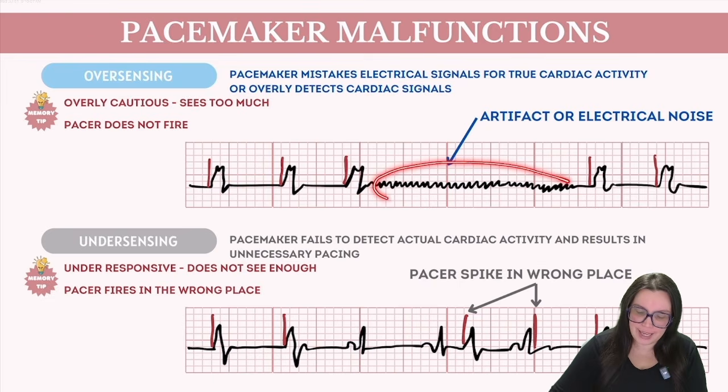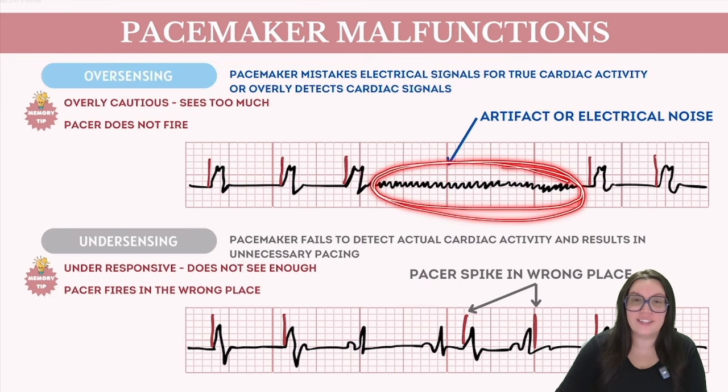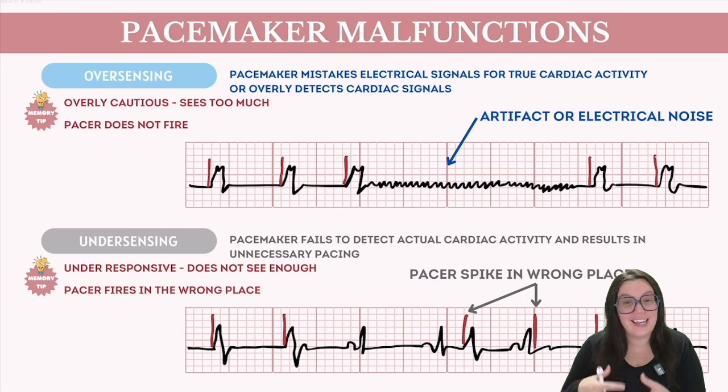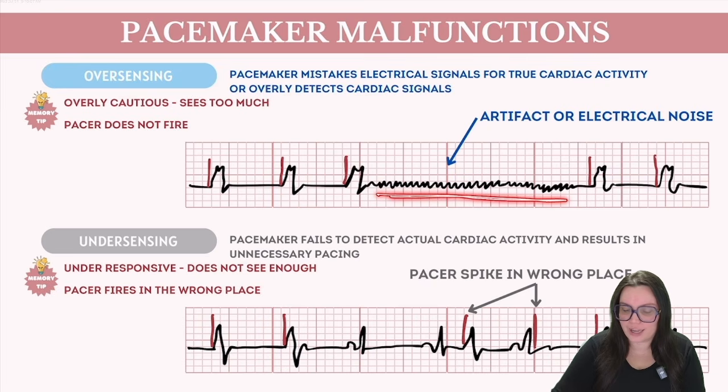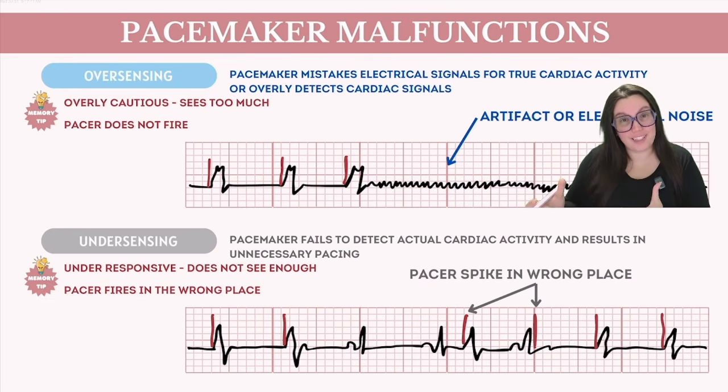So as you can see here, we have this artifact or all of this electrical noise that's taking place. It could be due to muscular activity or external interference, but it's thinking that this is true cardiac activity, which means it's not going to send any pacemaker spike throughout this entire time because it doesn't want to overly pace the heart.